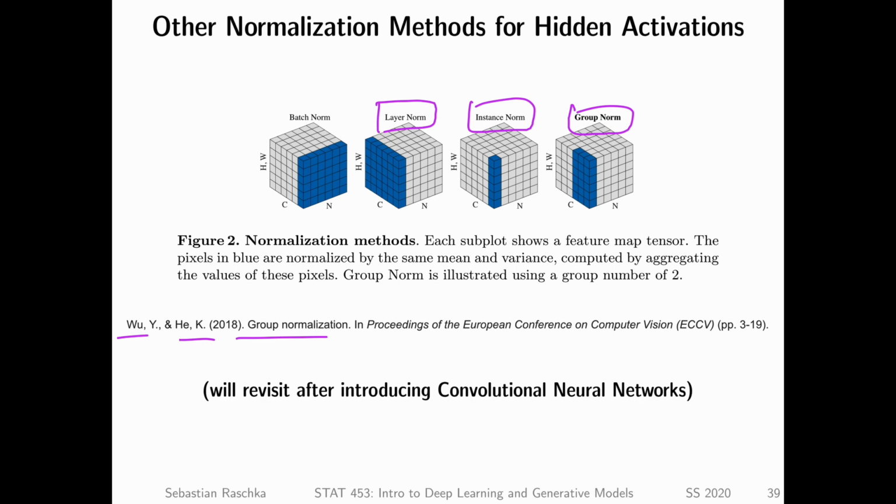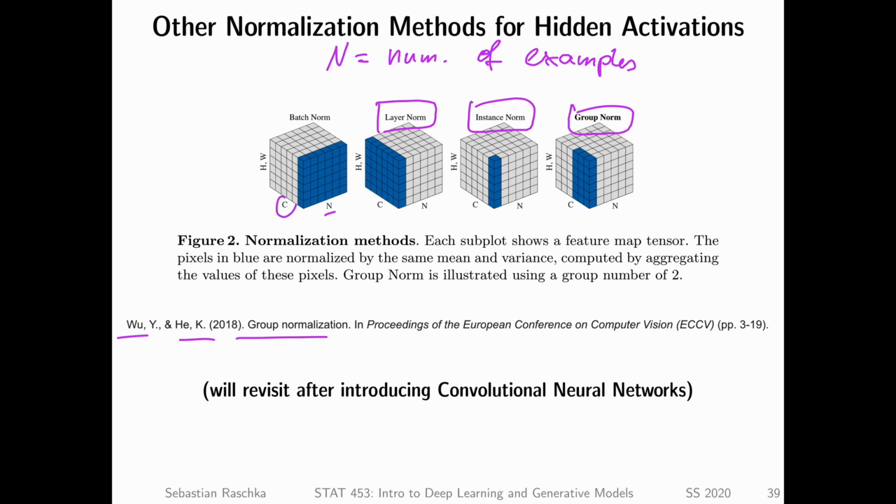This is maybe a little bit confusing since we have not covered convolutional neural networks yet, but you can think of this as a 3D tensor for images, where N is the dimension for the training examples in the mini batch. So N is the number of examples.